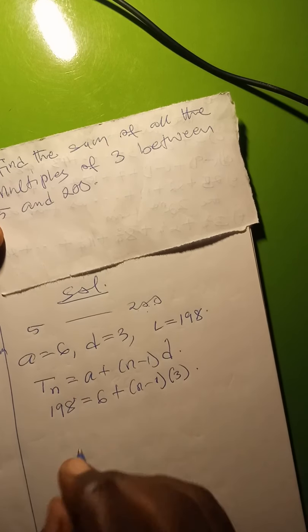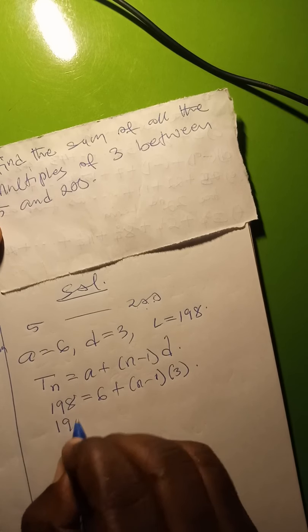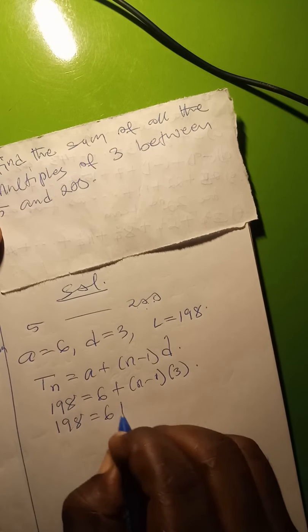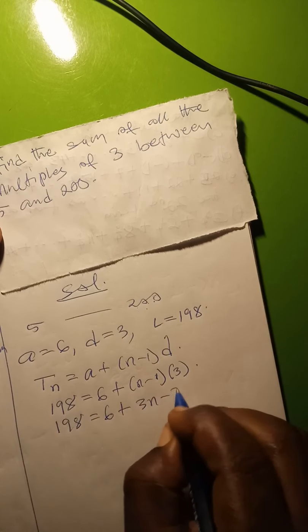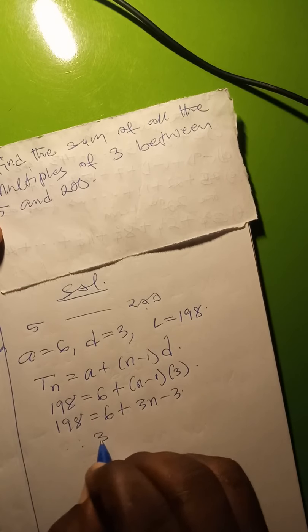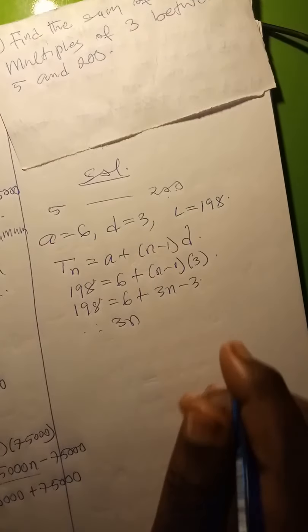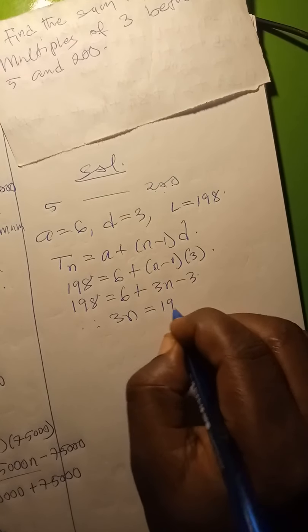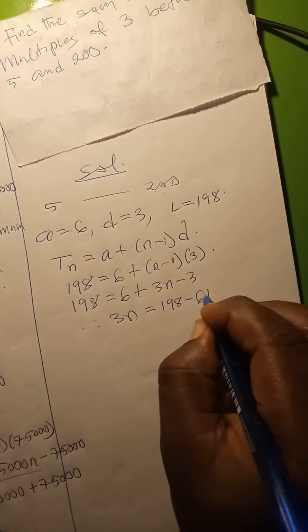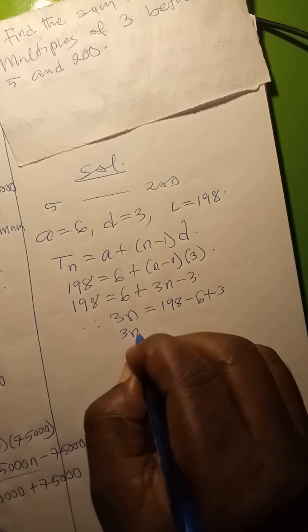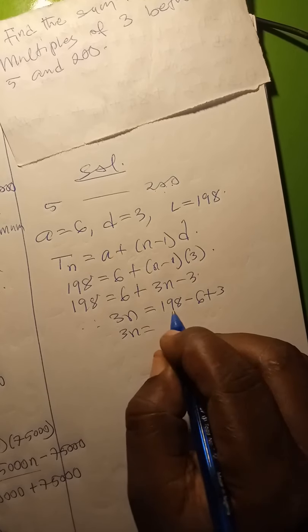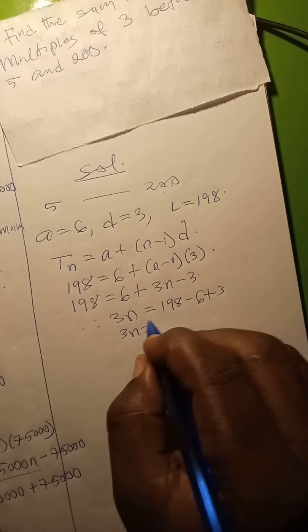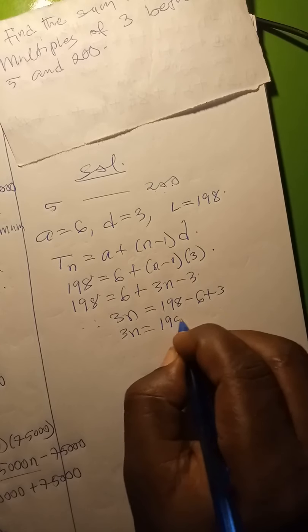That means we have 198 is equal to 6 plus 3n minus 3. And so 3n is equal to 198 minus 6 plus 3. 3n is equal to 198 minus 6 is 192, plus 3 is 195.